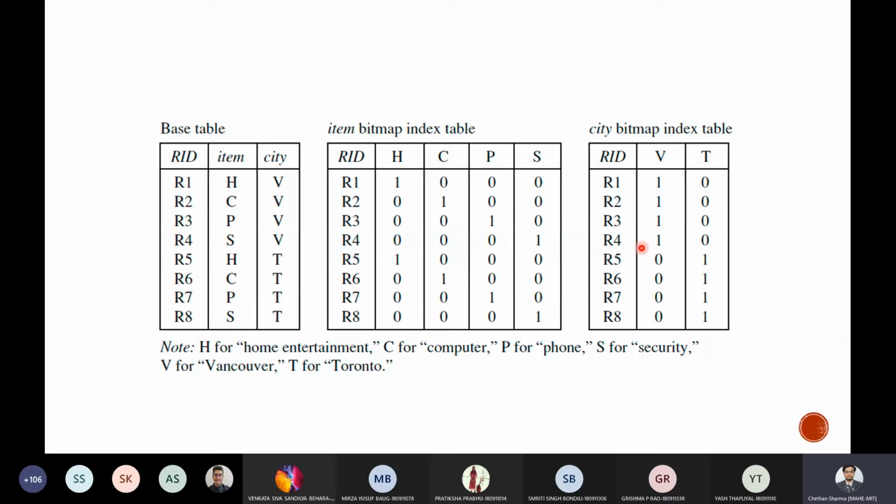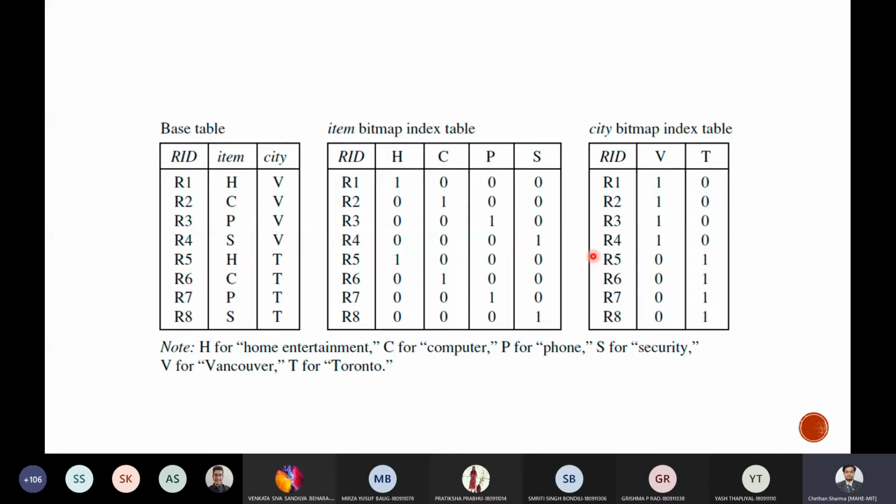It has also been proved that bitmap indexing usually leads to significant reductions in space and input-output operations, because a single string of characters can be represented by a single bit. So in bitmap, you are representing a string of characters using a single bit, which in turn leads to significant reductions in space as well as input-output operations.